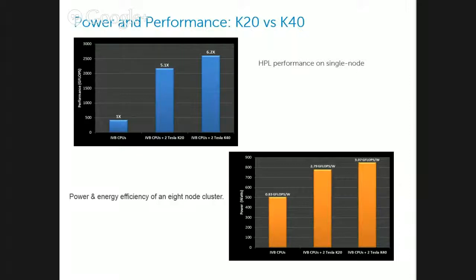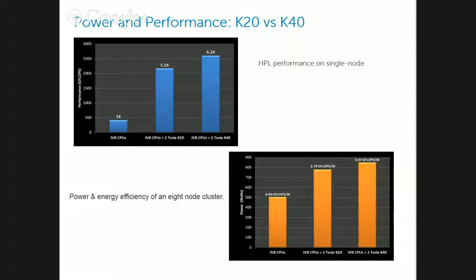In this particular study, we were looking at the performance difference between NVIDIA K20s and NVIDIA K40s. This was on a Dell PowerEdge R720 system that takes 2 NVIDIA GPUs or 2 Xeon Phis internally, comparing the CPU to CPU plus GPU configurations using the LINPACK benchmark.